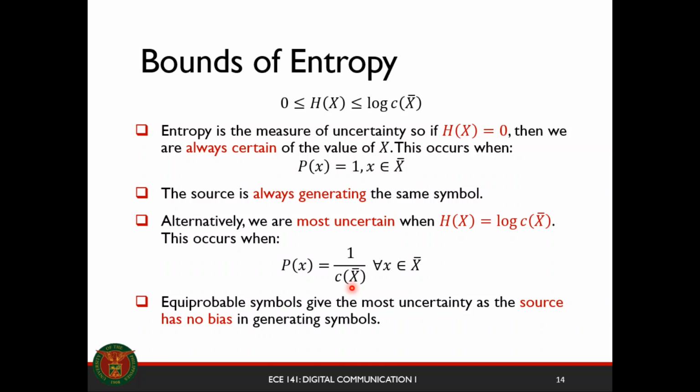If the die is not biased, all the faces are equiprobable, then you're not certain what will come out. If it's a loaded die, then you're more certain compared to a fair die, because a loaded die rolls more towards some value, whereas with a fair die you don't really know what will come out. And that is a property of entropy. You're most uncertain when you don't know what's going to come out, and that is when your data set is equiprobable or uniformly distributed.